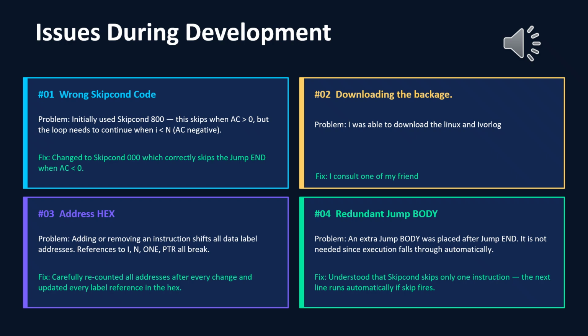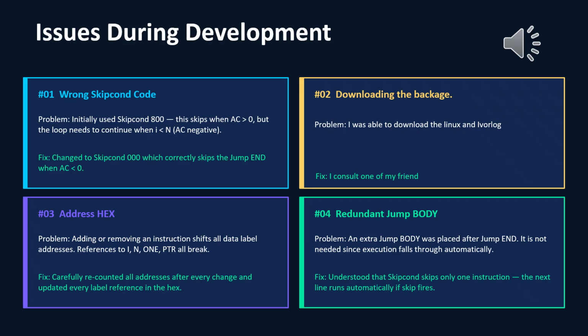These issues really pushed me to discover new things and fix my problems. The first was the wrong skip code. I initially wrote a wrong skip code, which is 8800, and then I discovered that it would hinder me later in the process.